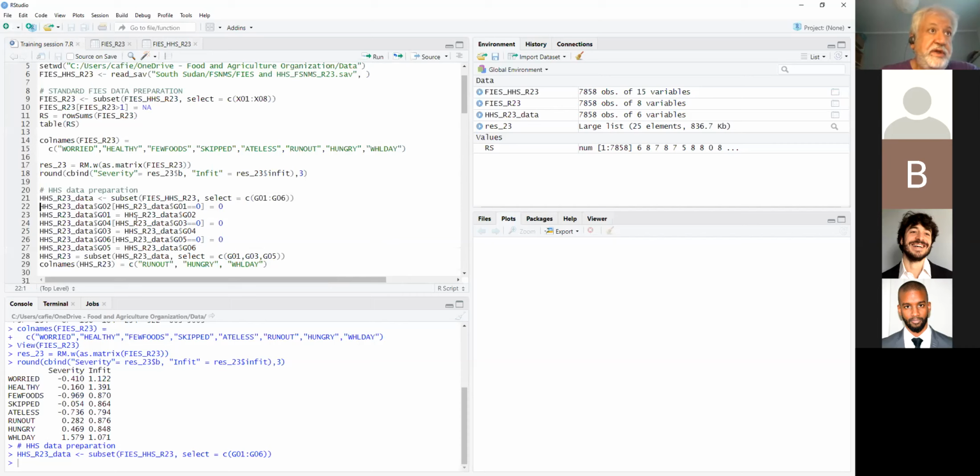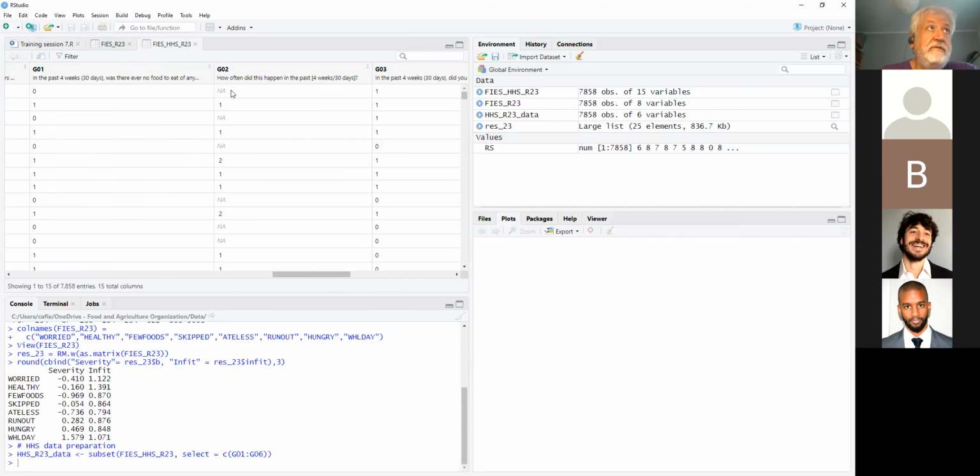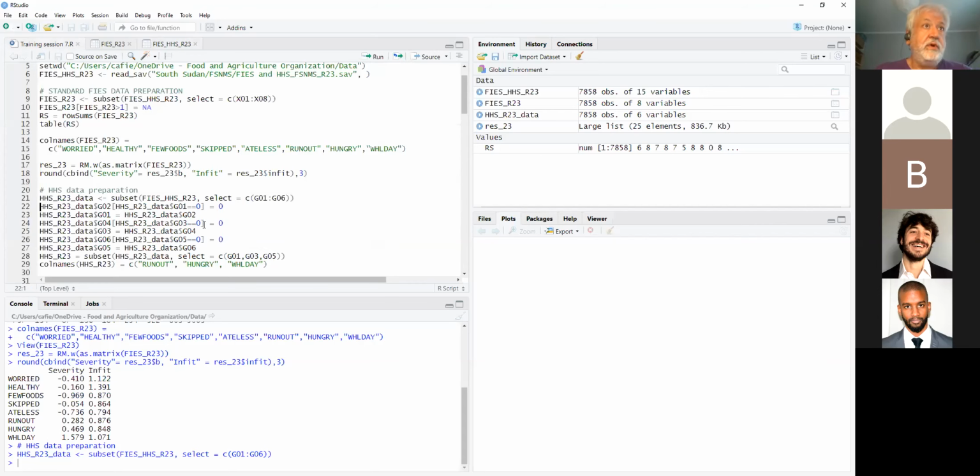There may be many ways of doing this. The way I do it, every time the value in G01 is 0, I will put the corresponding 0 in the G02 variable. So line 22 here initializes to 0 the records in G02 whenever G01 is 0.